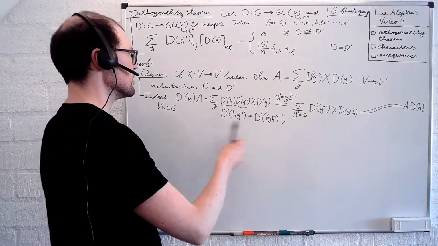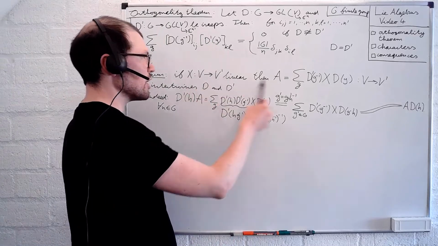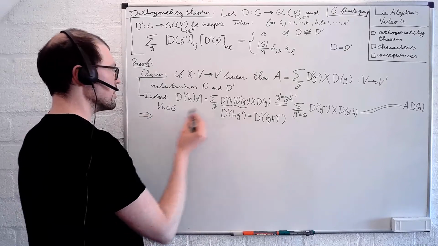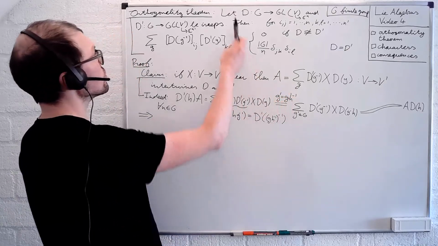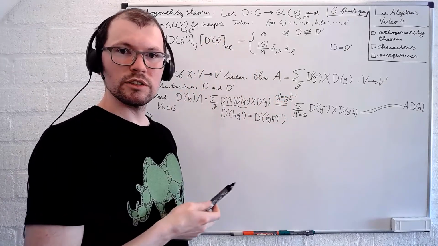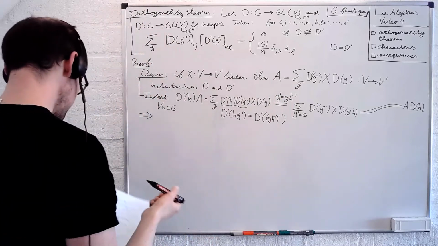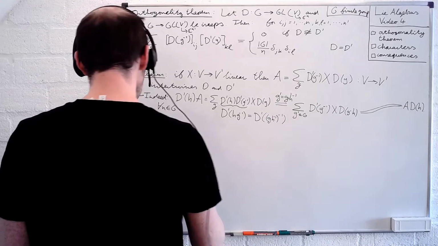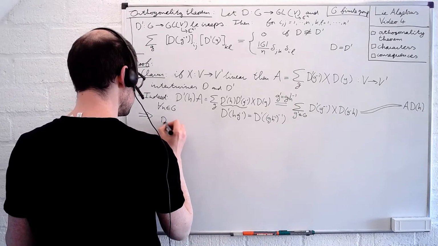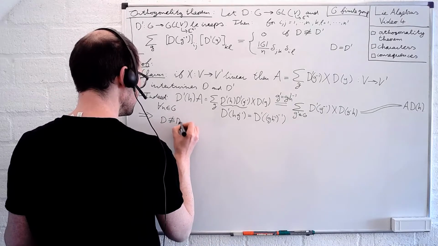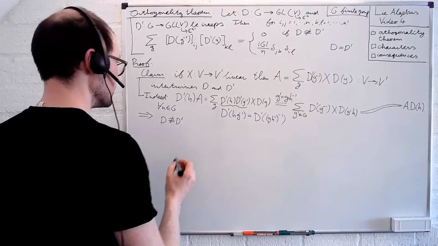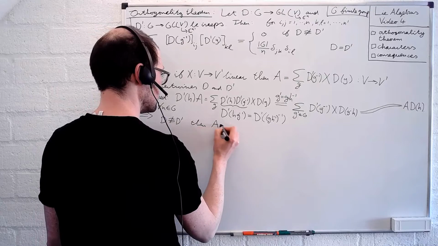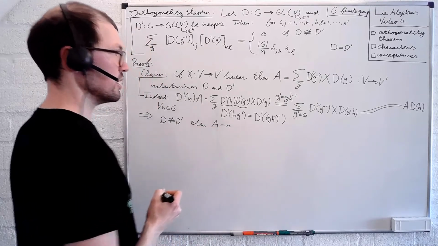Okay, so for any such linear mapping, I get an intertwiner. And whenever I have an intertwiner for two irreducible representations, I have Schur's lemma. So the two parts of Schur's lemma combined tell us that if D and D prime were not equivalent to each other, then this linear mapping has to vanish.